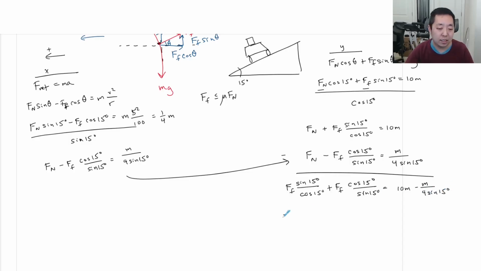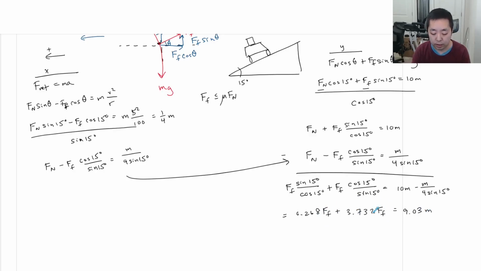Okay, so let's go ahead and put some numbers in here. This is 0.268 force of friction plus 3.732 force of friction equals 10 minus 1 divided by 4 divided by sine of 15 degrees, which is 9.03 m. Okay?